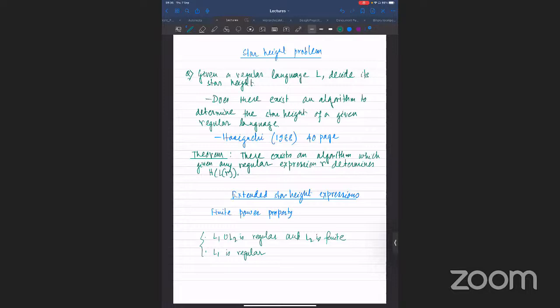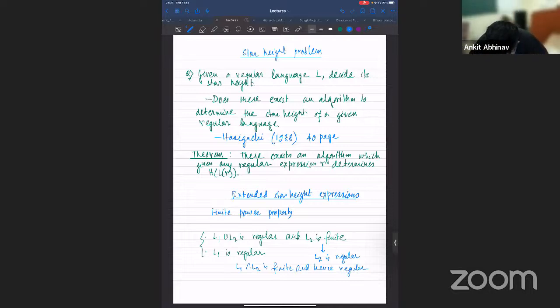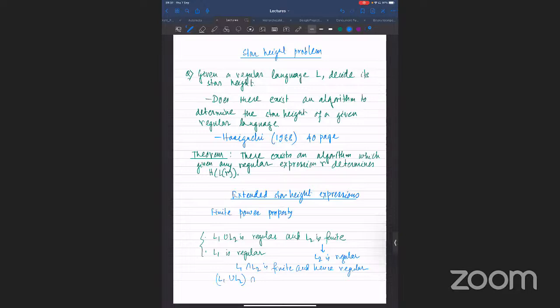If L2 is finite, then L2 is also regular. So then you are saying L1 intersection L2 is finite and hence regular. Okay. So L1 union L2 intersection this.